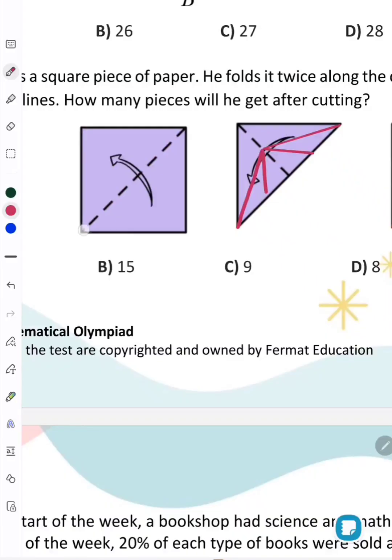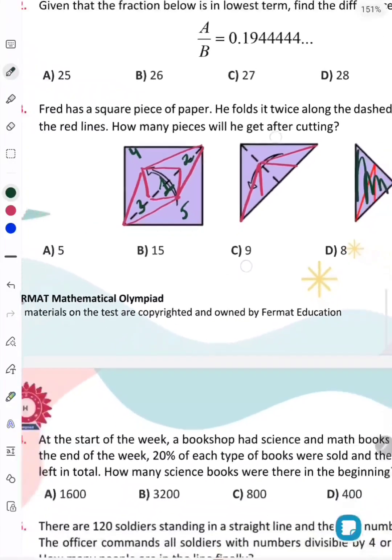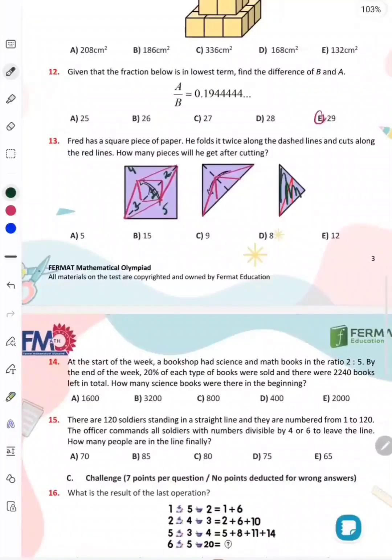Now we have to find this pattern here. It's something like that. And if we reflect it along these folded lines, we will get such an image. So now if we count the number of cuts, this is 1, 2, 3, 4 and 5. Altogether we will have 5 pieces.